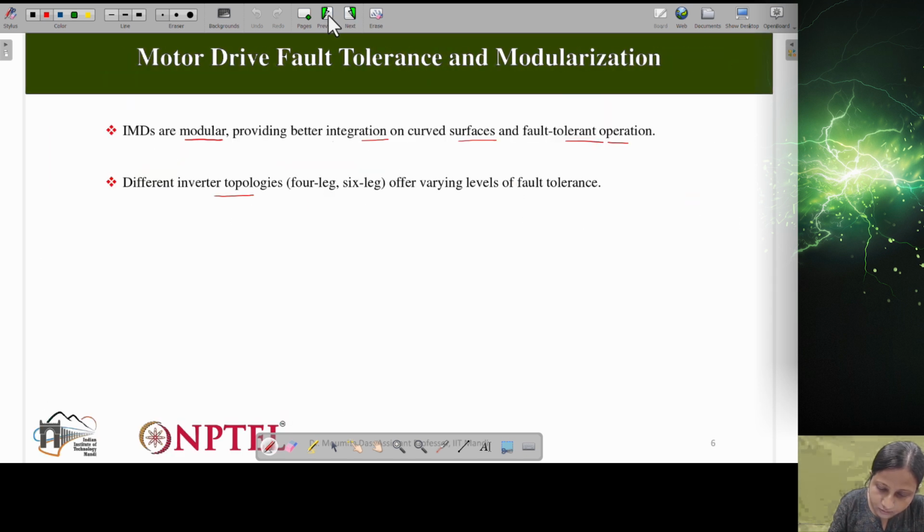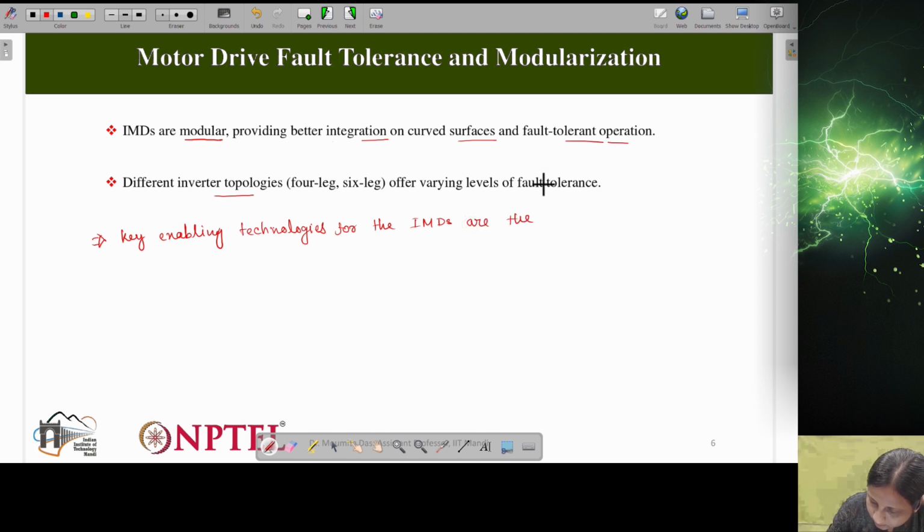is that. So I can just write down here. Basically, the important technologies, the key enabling technologies for the IMDs are the advanced cooling system.